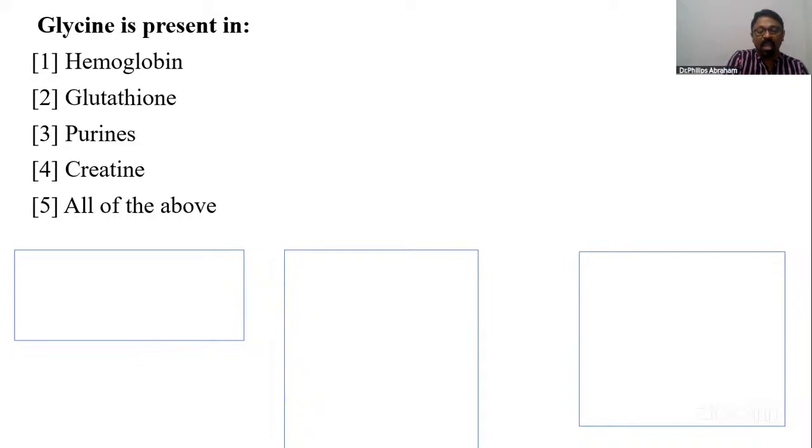In the structure of purine, at C4, C5 and N7, the whole glycine is attached. The carbon atom at the 4th position, carbon atom at the 5th position, and nitrogen atom at the 7th position are all provided by glycine. You should know that: C4, C5, and N7 of purine.